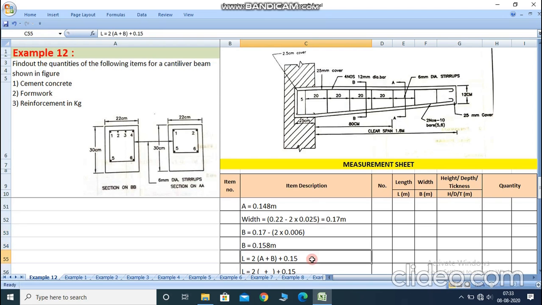Now total length of the stirrup is 2 multiplied by A plus B plus 0.15. So we already calculated the value of A, we got 0.148, and the value of B is 0.158.